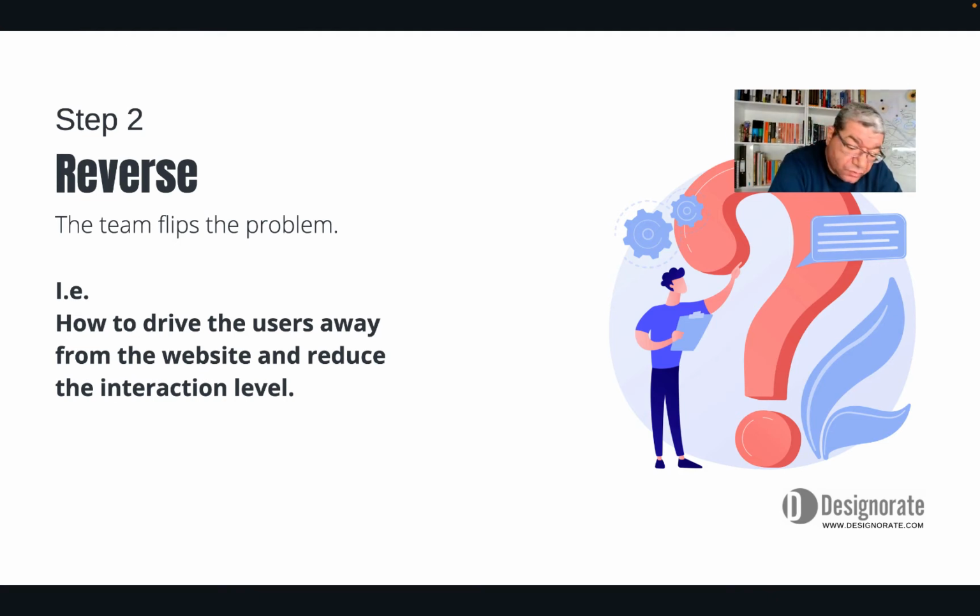It is another sentence, and it aims in the opposite direction of what we actually need to achieve. In this case, we are trying to drive users away from the website, to make the user experience worse than ever and interaction at a lower level.